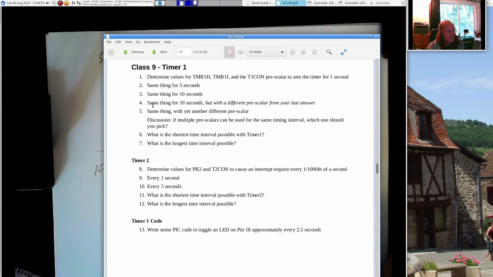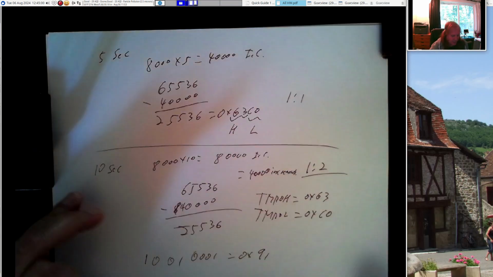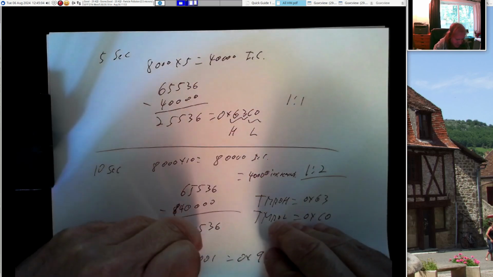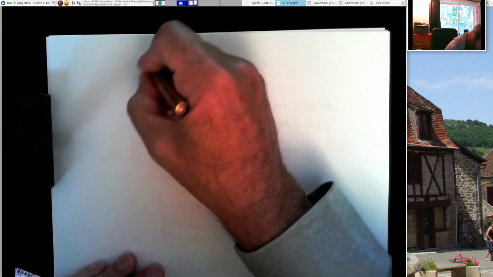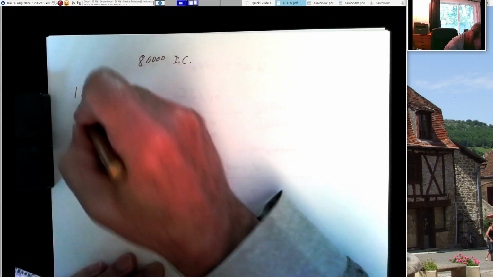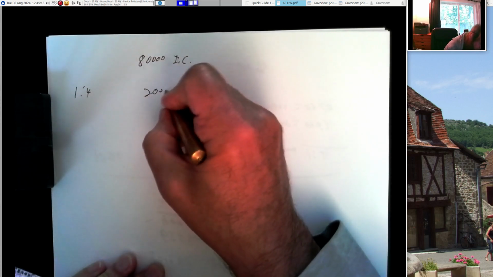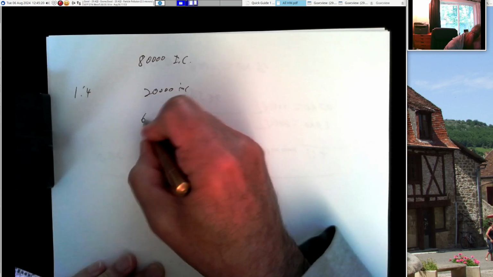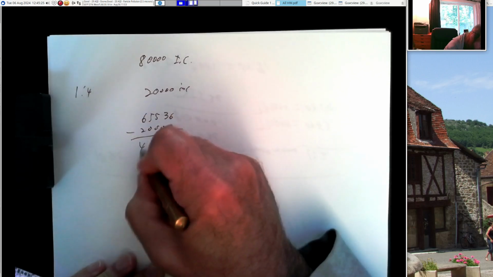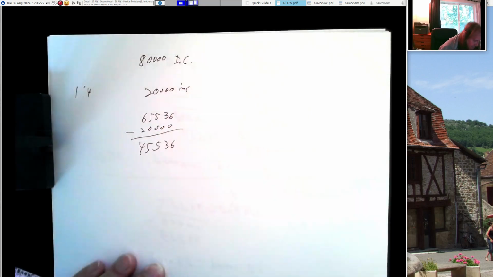Alright, questions 4 and 5 ask for 10 seconds with a different prescaler. So this is now a pattern. If we were to use a 1 to 4 prescaler, we know that 10 seconds we still want 80,000 instruction cycles, but if we have a 1 to 4 prescaler, that's 20,000 increments, and so we initialize to 65,536 minus 20,000 equals 45,536.